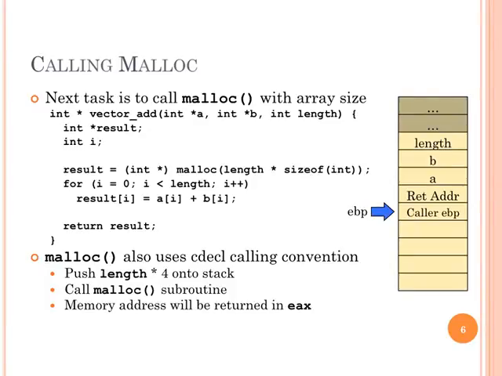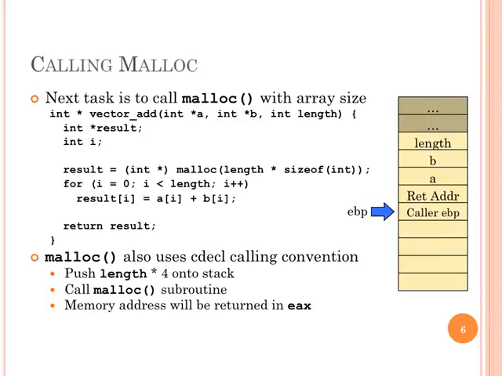So we need to compute length times 4. That's pretty easy. We can just shift it left 2 bits. And on IA32, we can do that in one instruction, because shift left takes an argument that says how many bits to shift. We call the malloc subroutine, and we know that the answer is going to be in EAX, because that's how Cdecl works.